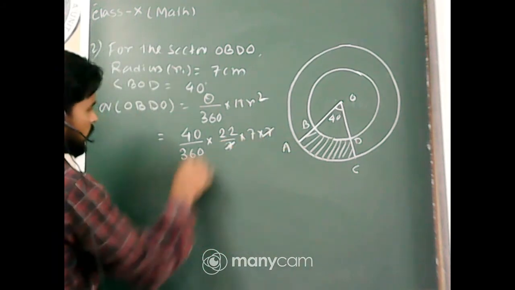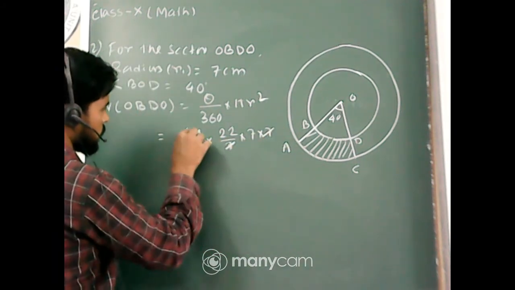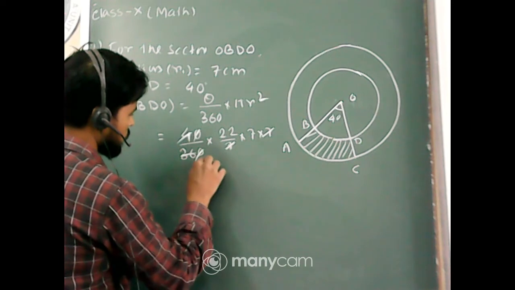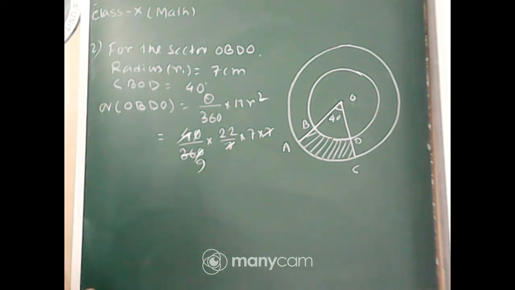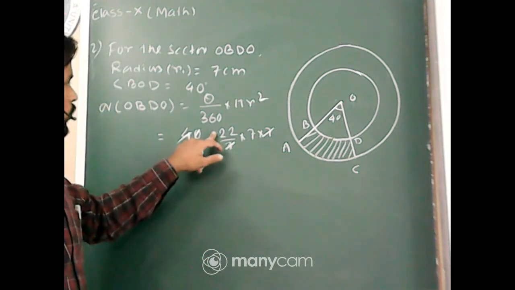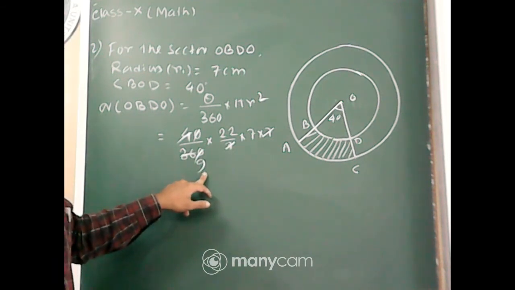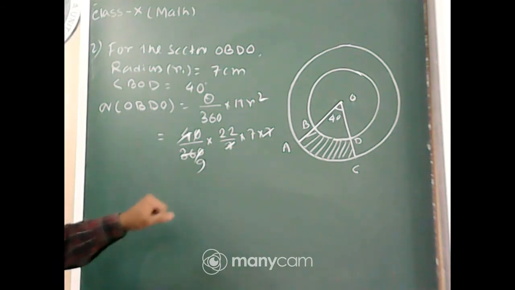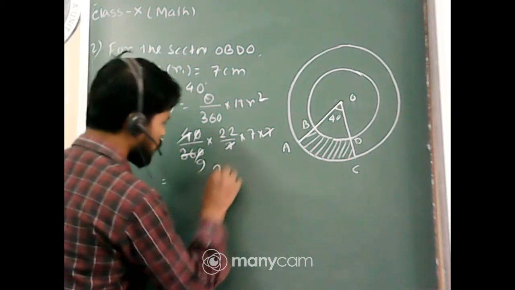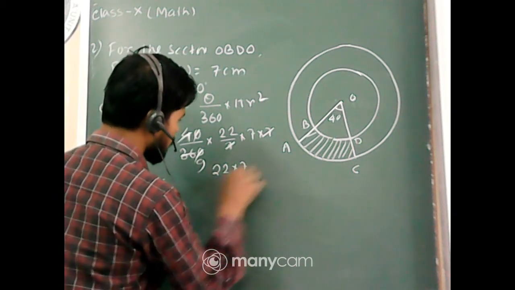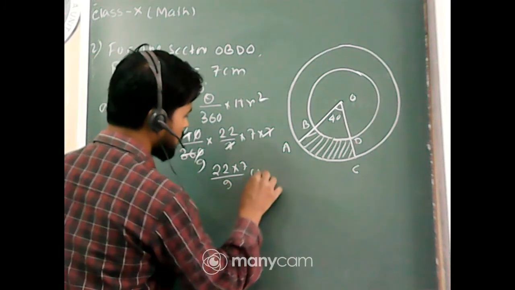Cut 7 and 7. So this is 22 into 7 by 9, that is equal to 22 into 7 divided by 9 centimeter square.